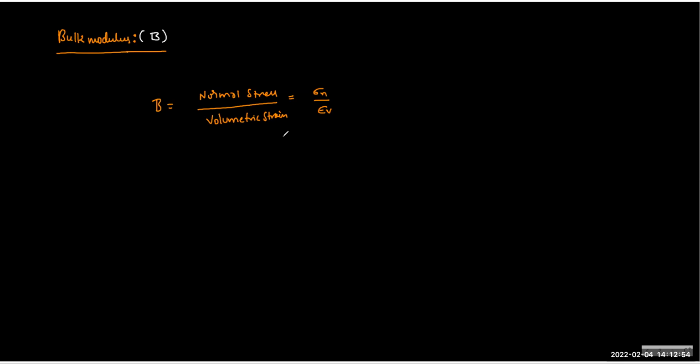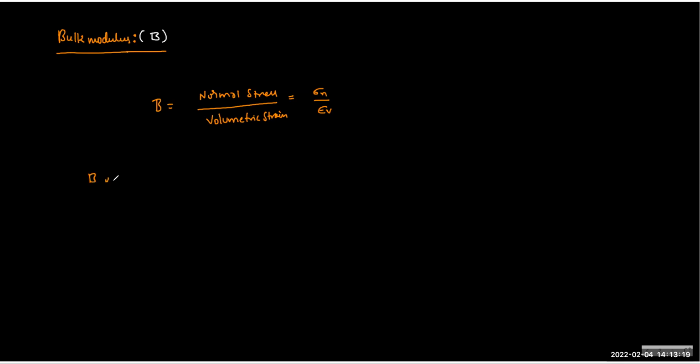So bulk modulus is the way to deal with a three-dimensional medium of any arbitrary shape. Even the shape doesn't matter. So generally for gas and liquid, we prefer bulk modulus, but bulk modulus can also be applied for solids. So it's not like we can apply it only for liquids and gases.